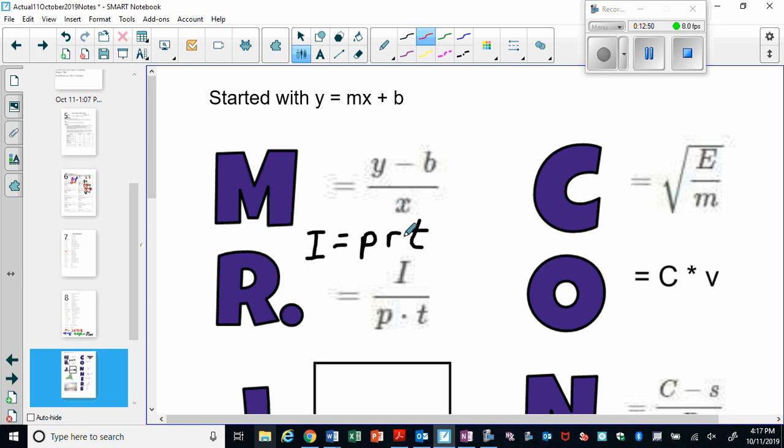So that's another example. So R equals I over P times T is the same as I over P times T equal to R. And again, the P and that T cancel, you're left with the R isolated.